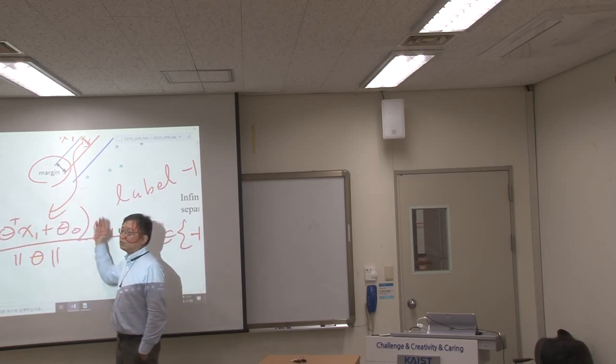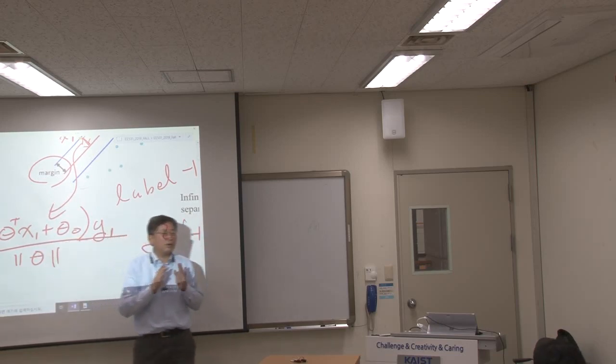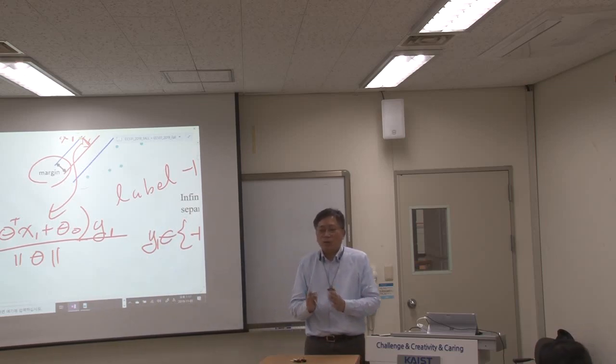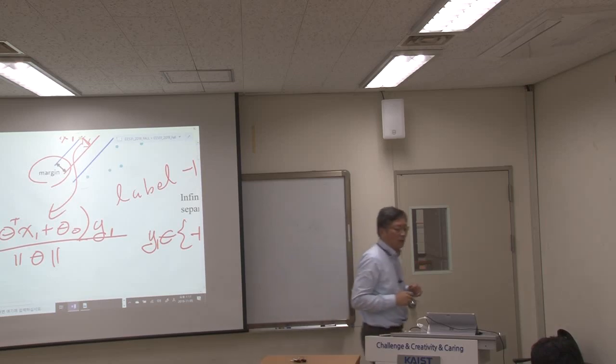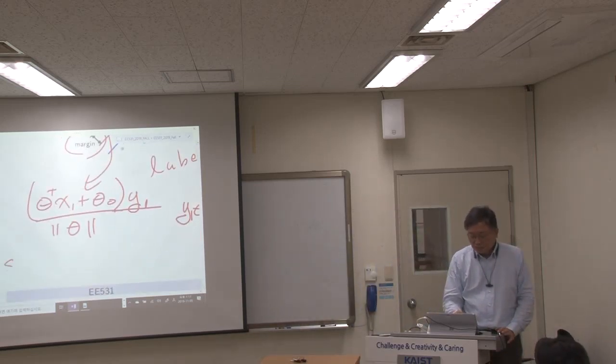Okay? So the sign of this will tell you whether the prediction and ground truth are in accordance. If it's misclassified, then it's minus 1. So, this is signed distance.